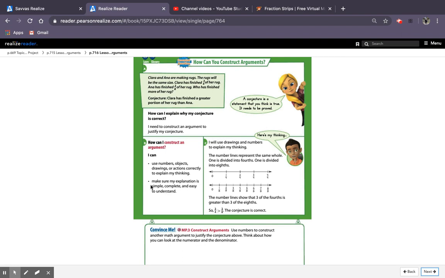And I can make sure my explanation is simple, complete, and easy to understand. For C, I will use drawings and numbers to explain my thinking. So here we talked about possible things you can use to further your explanation, and she picked numbers and drawings.